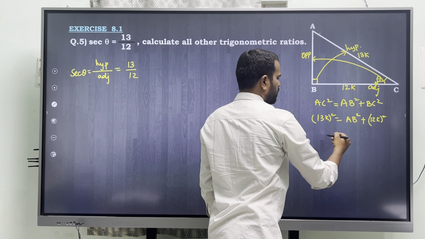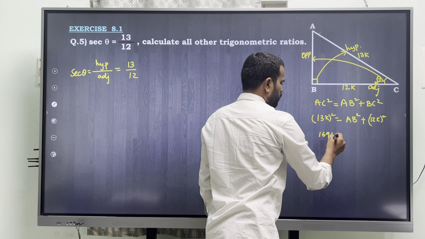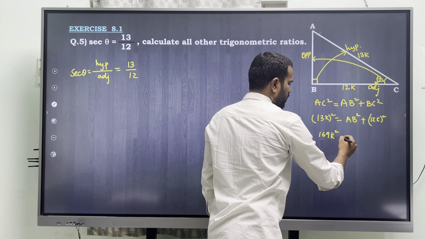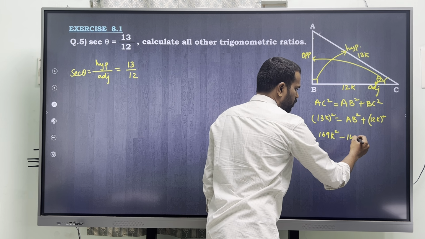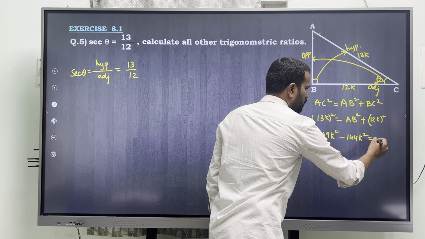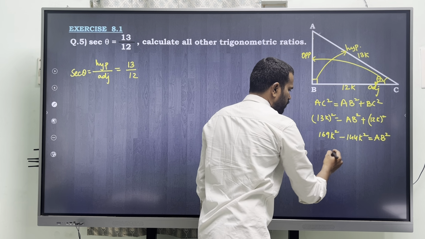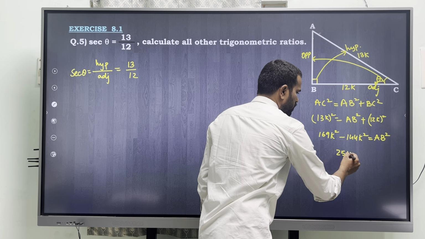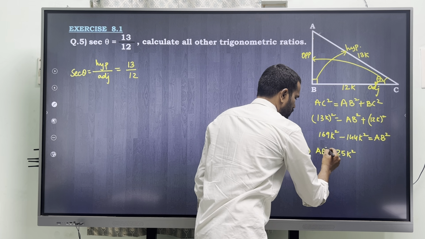Let us bring this to the other side. 13k whole square is 169k square. 12k whole square, if it comes to this side, 12 12s are 144k square, equal to AB square. Okay, 169 minus 144 is 25k square. That implies AB square.